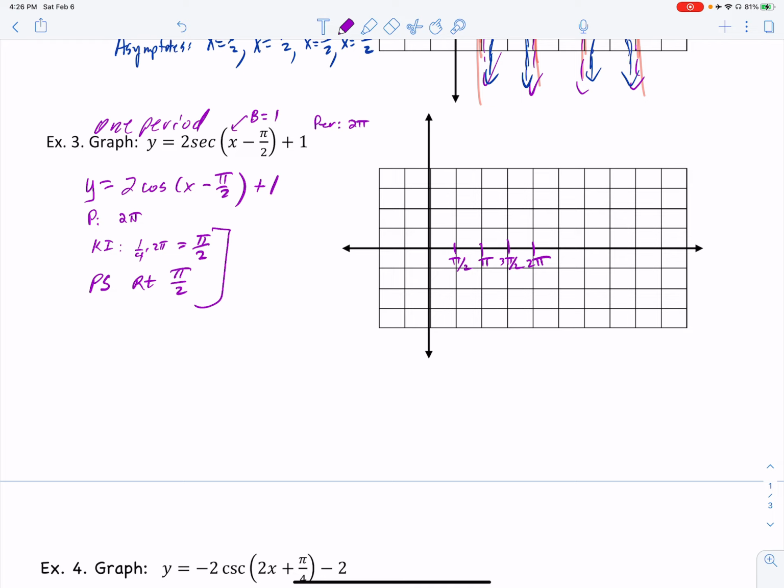And what I'm going to be doing is we are going to have to go up 1, but I'm going to save that for later. I'm going to go ahead and graph this before vertical shift.